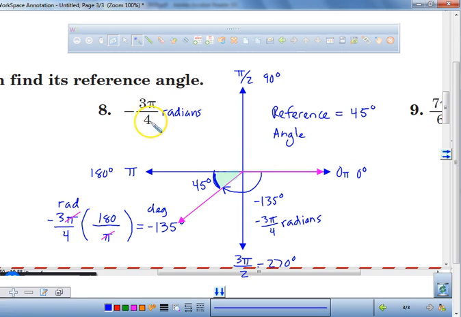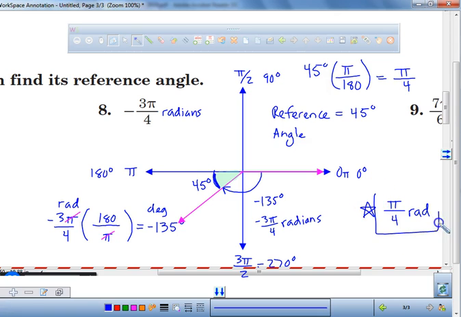But if I start in radians, I want to finish in radians. So how do I take 45 degrees and change it back to radians? That's when I have to take pi over 180 and multiply it. And that will give me, eventually, 45 divided by 180 gives you 1/4. So your answer is pi over 4. So the final answer for number 8, when you convert it back to radians, is pi over 4 radians.